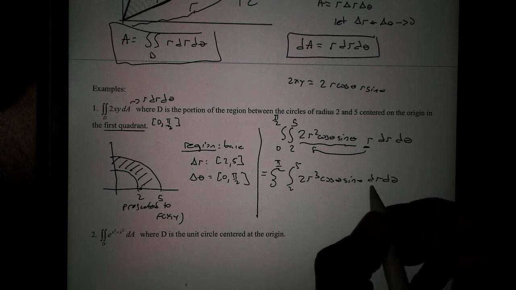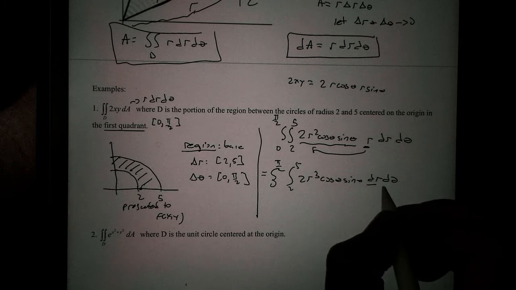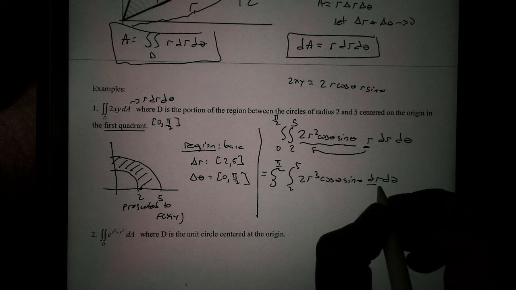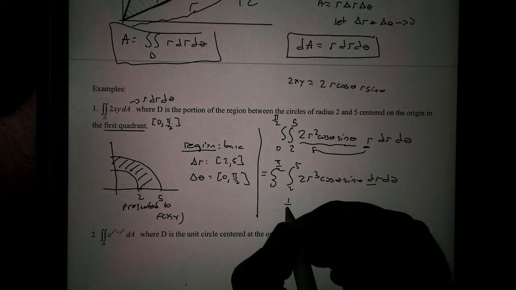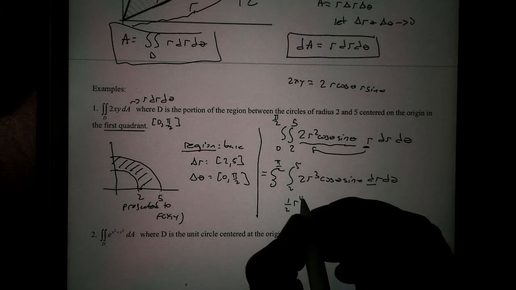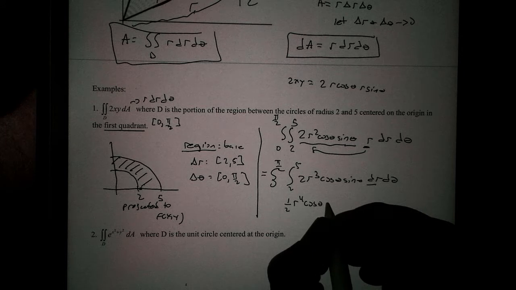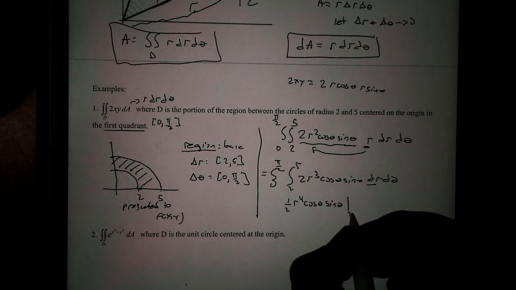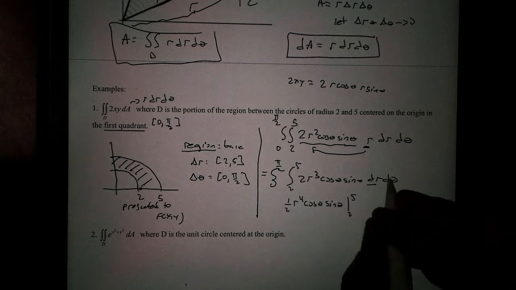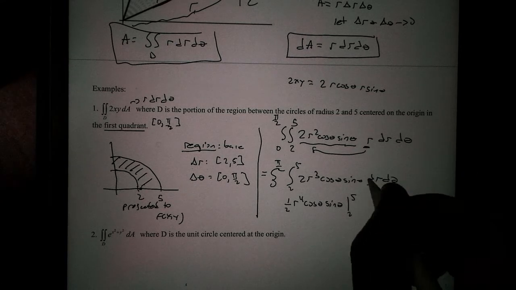And now when I integrate, I'm first going to integrate with respect to r. Integrating with respect to r, that's going to give us 1/2 r to the 4th cosine theta sine theta, and we evaluate that from 2 to 5. Now we're only plugging these in for r.